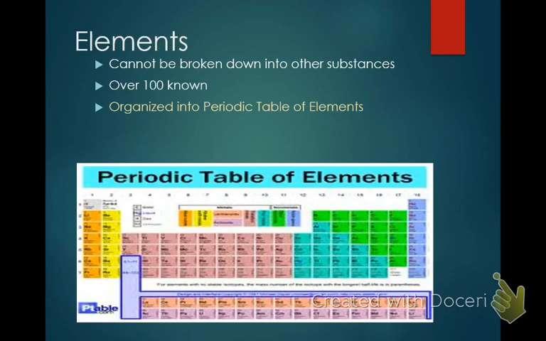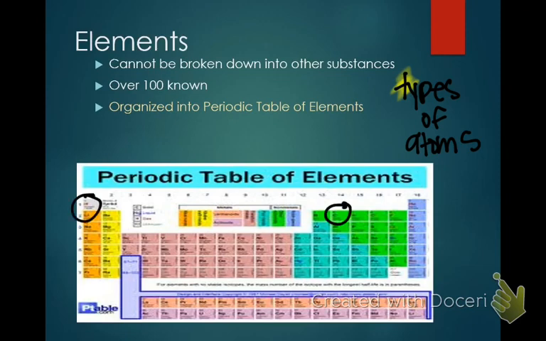And there's over 100 different types of atoms that are known, and they're organized into the periodic table of elements. So hopefully you remember yesterday, you mostly dealt with carbon, hydrogen, oxygen, nitrogen, and phosphorus.